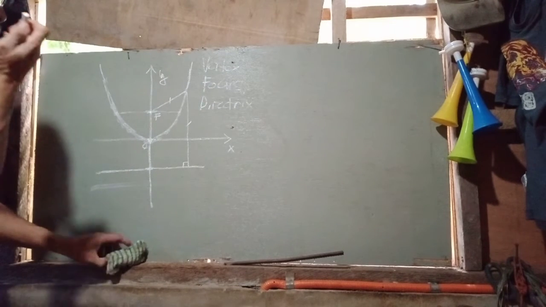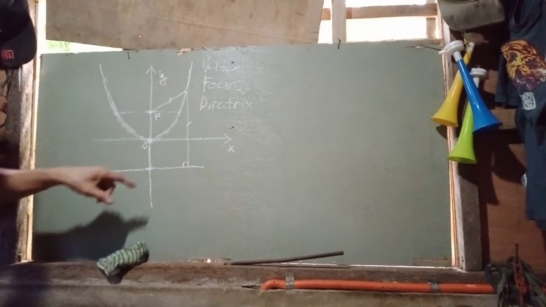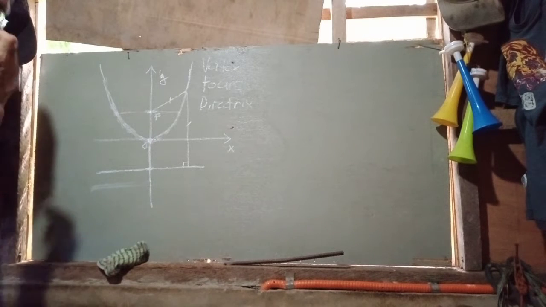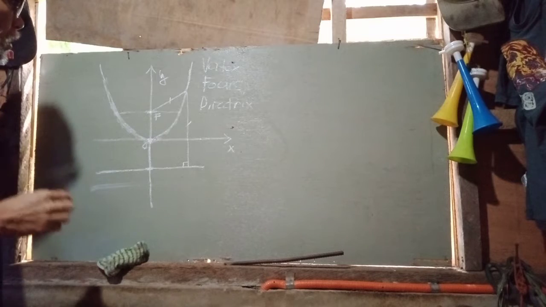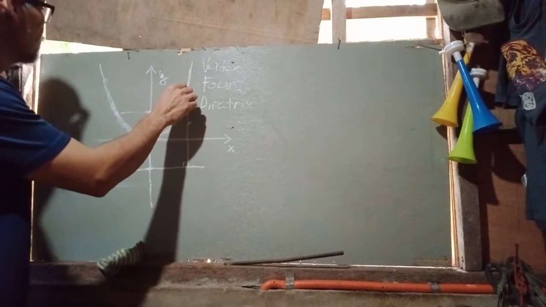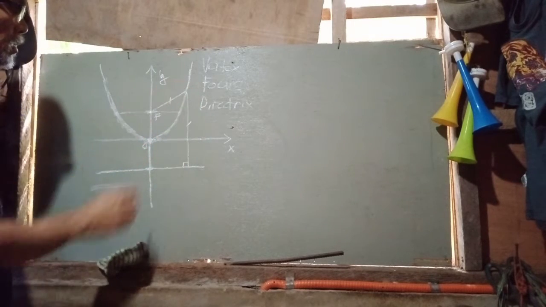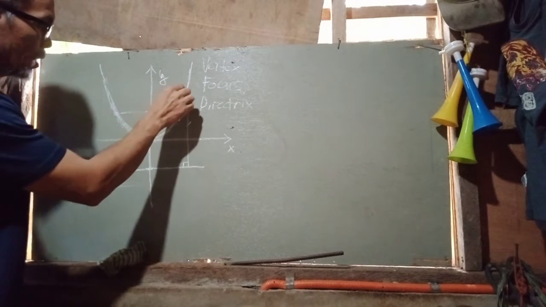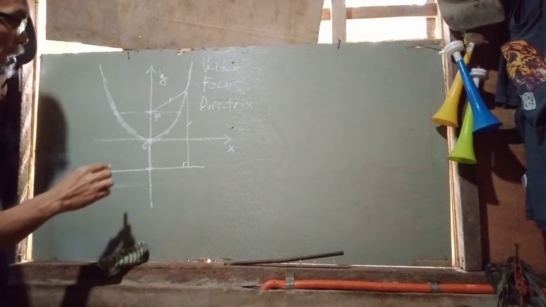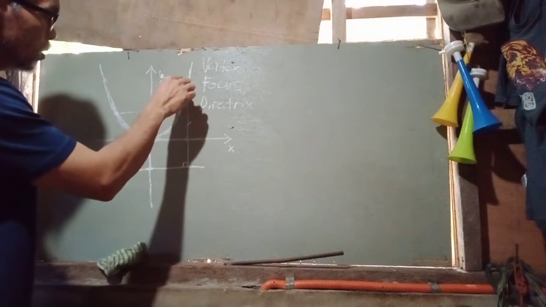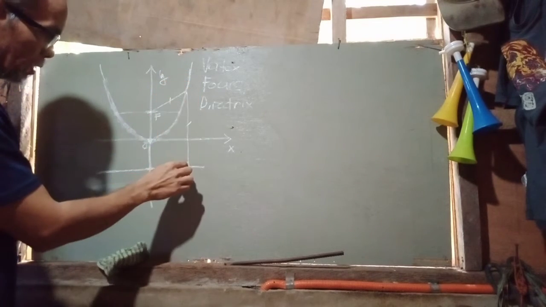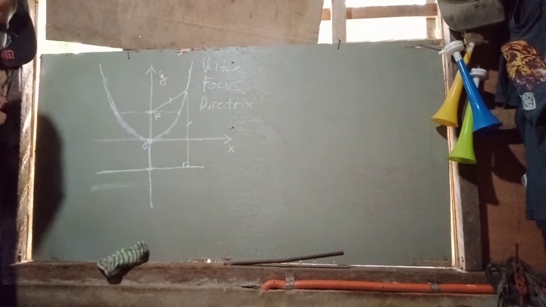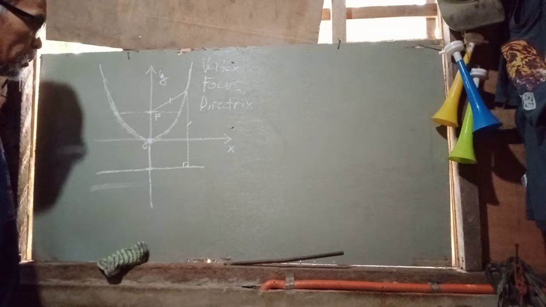Now, what is the relation between this directrix and the parabola? According to the definition, for any point here in the parabola, the distance from the focus to that particular point is equal to the distance from that point to the directrix.